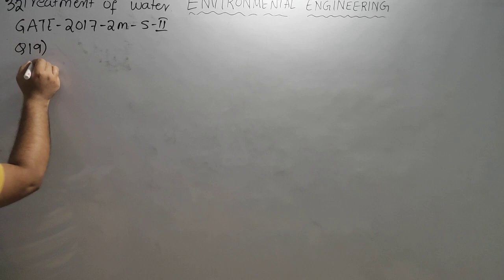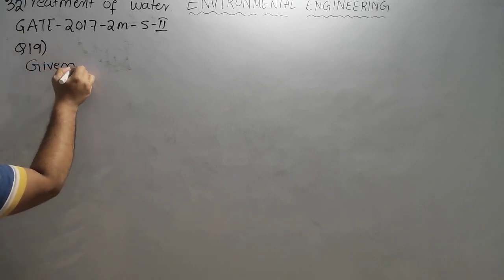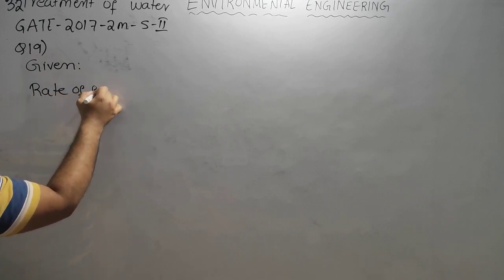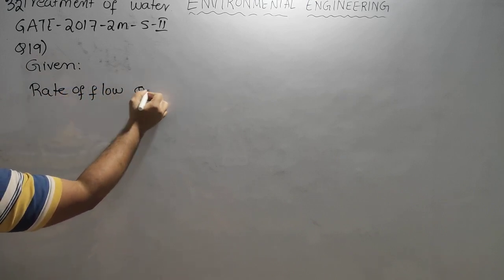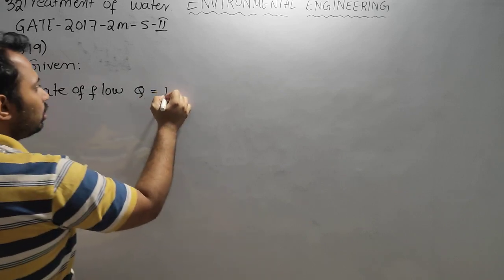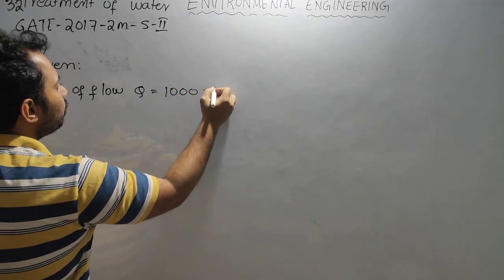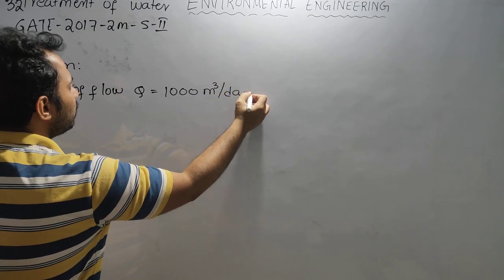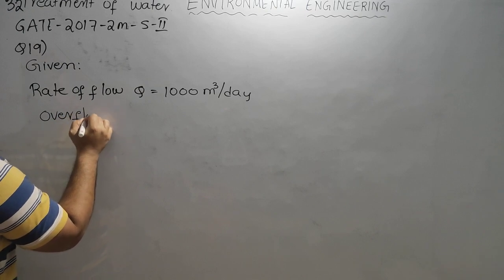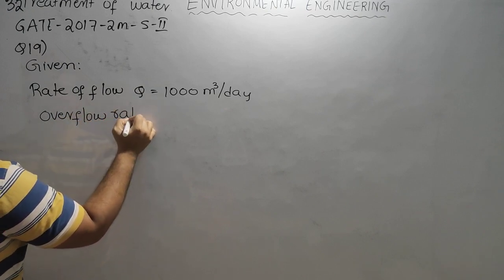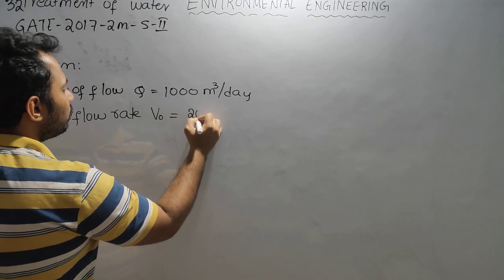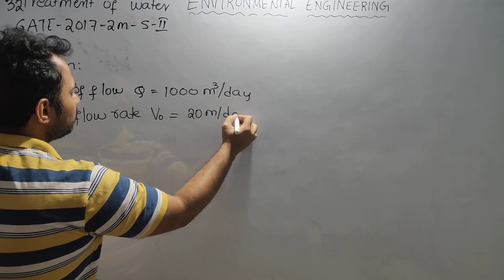So what is the given data? Here the rate of flow is given. Rate of flow Q is equal to 1000 meter cube per day, and overflow rate V naught is equal to 20 meter per day.